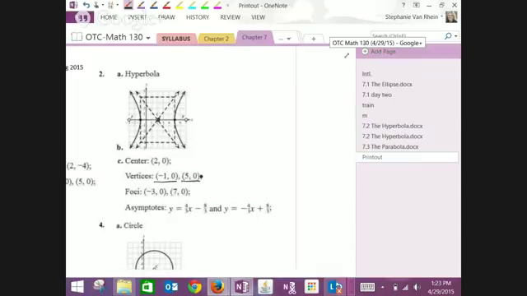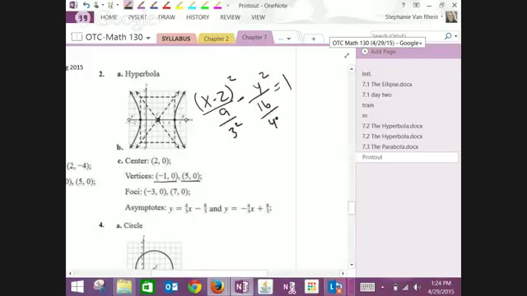Let's write this as (x minus 2) squared over 9 minus y squared over 16 equals 1. The negative is in front of the y, so it means I open left or right. So this is really 3 squared, and this is really 4 squared. So this a value is 3, and this b value is 4.